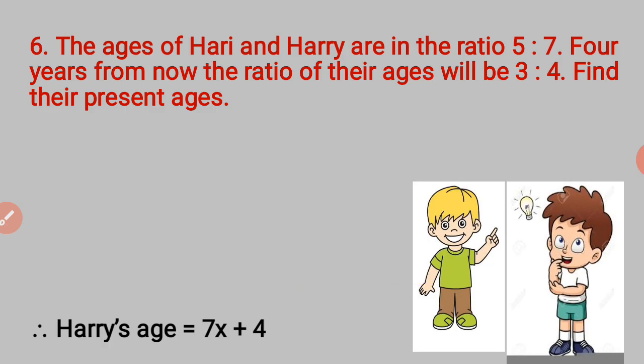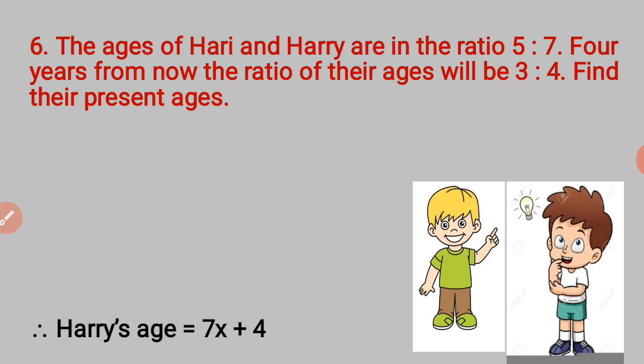Now here is a real life example where we are comparing the ages of Hari and Harry. The ages of Hari and Harry are in the ratio 5:7. If it is a ratio, we always consider a multiplier and we take the multiplier to be x.